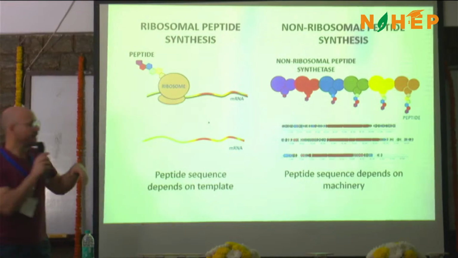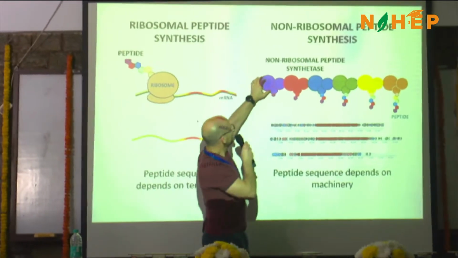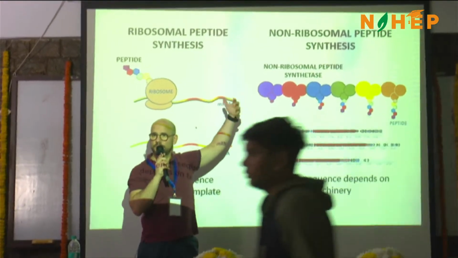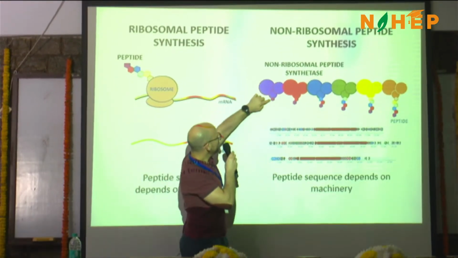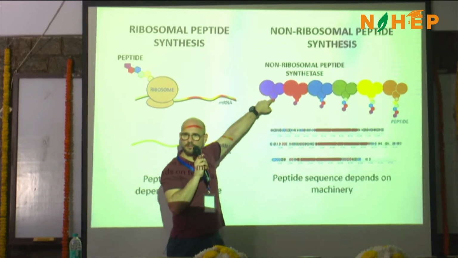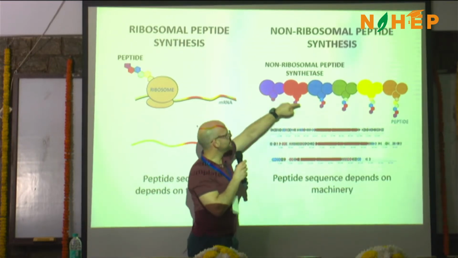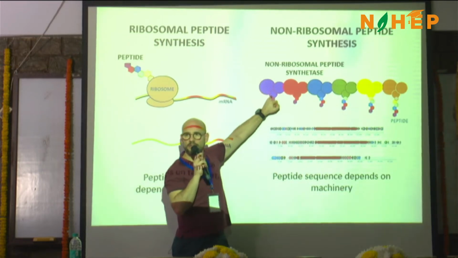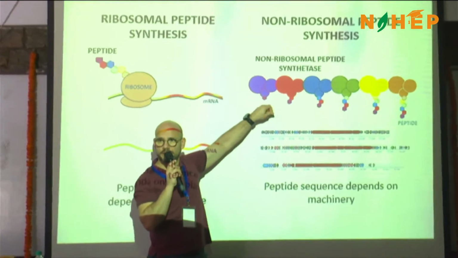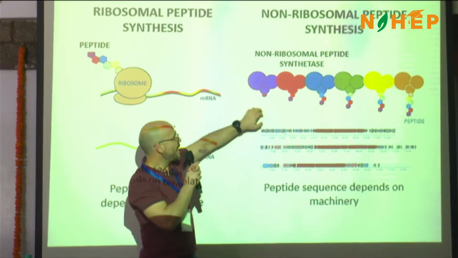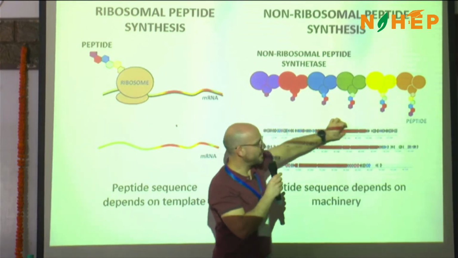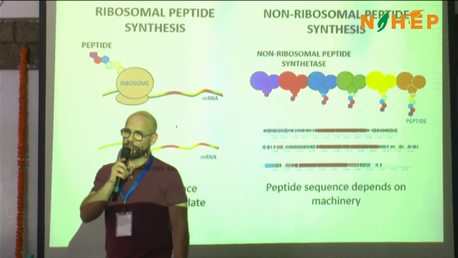Okay, and then this protein has different domains. What these domains basically do is they take an amino acid to generate a peptide. So each of the domains is specific for each of the amino acids. And at the end, you will create a specific peptide for each non-ribosomal peptide synthetase.